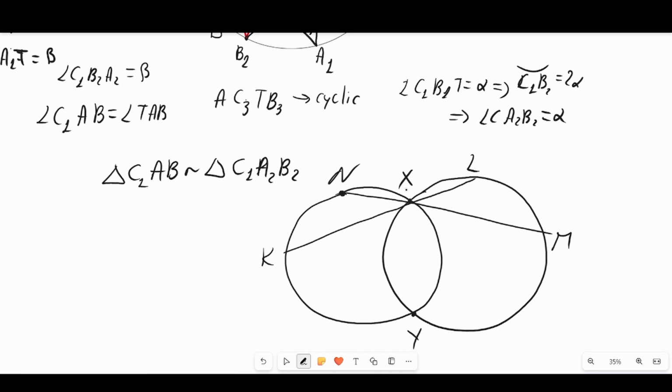And why is it correct? Because if we look at angle YKL, this angle clearly equals this angle.